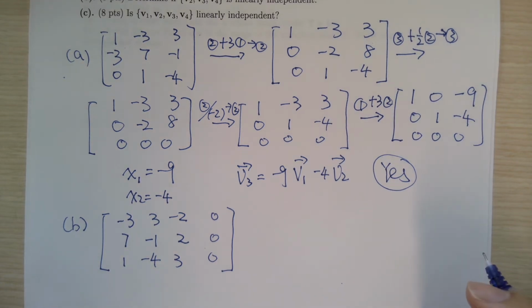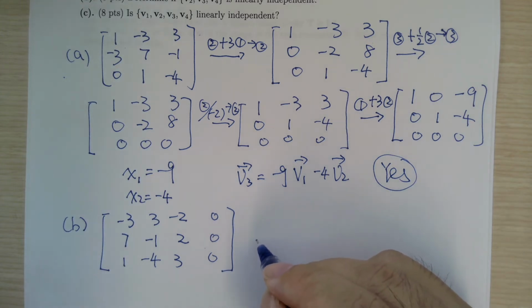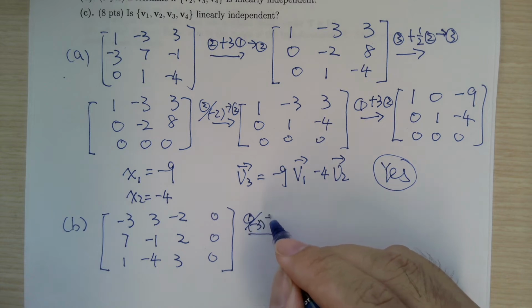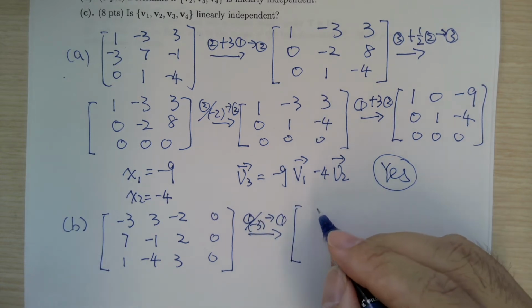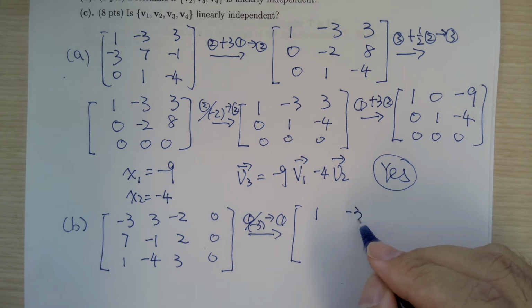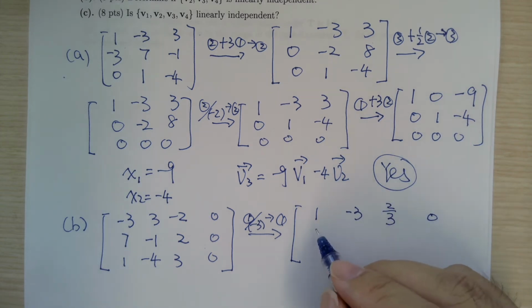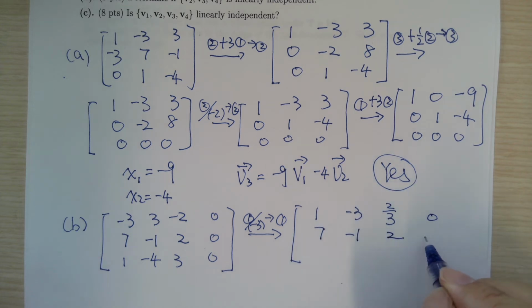Okay, so we can do a few things, right? As you can see, the first one, what we can do is use row 1 divided by negative 3 to become the new row 1. So it's 1, negative 3, and of course 2/3, 0, 7, negative 1, 2, 0, 1, negative 4, 3, 0 here.